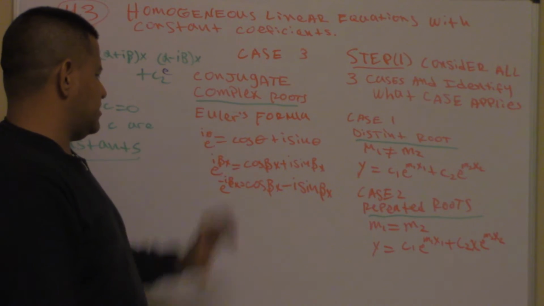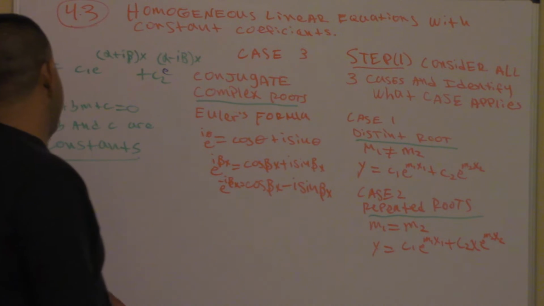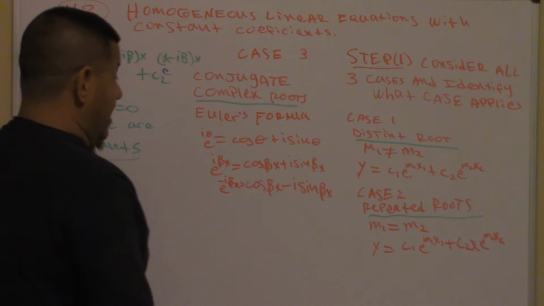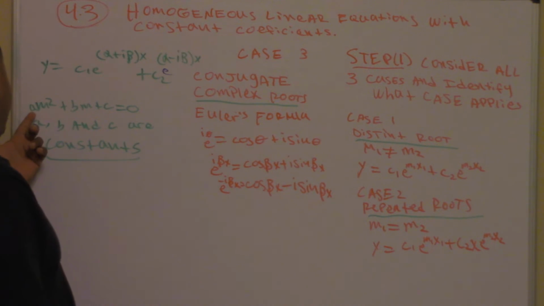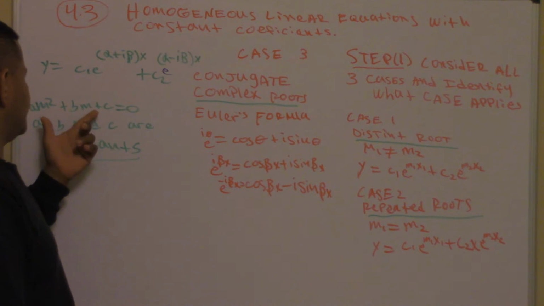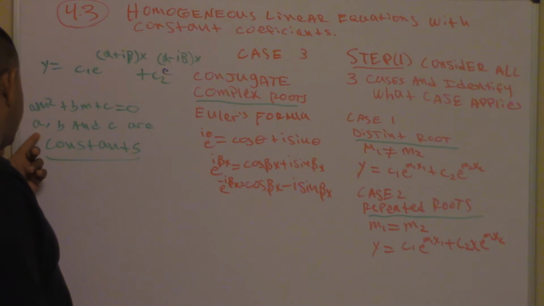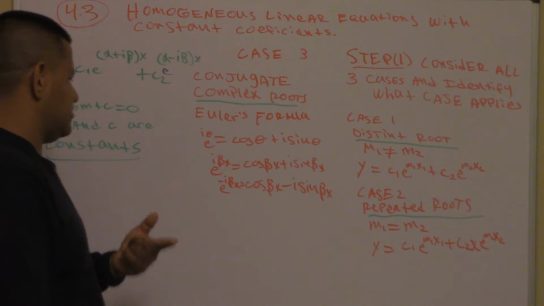This is easier, okay? Now, to find the complementary solution, we use this formula: a m squared plus b m plus c equals 0, where a, b, and c are all constants.